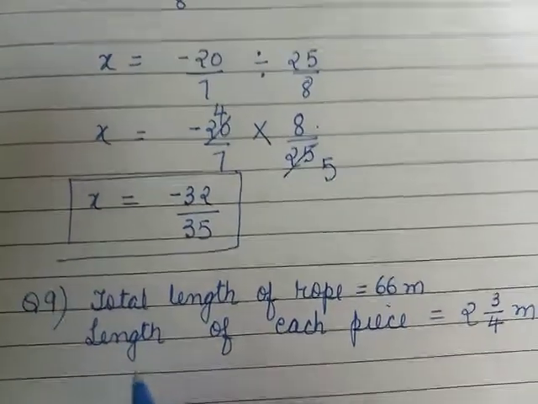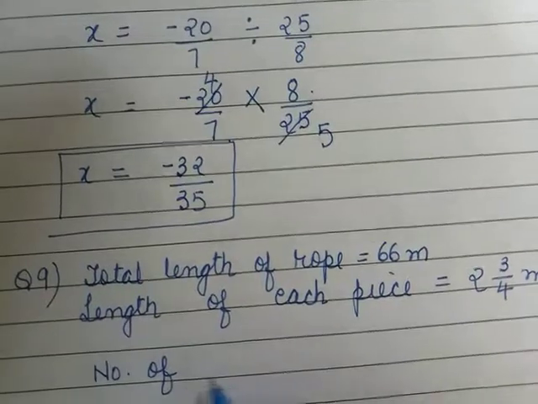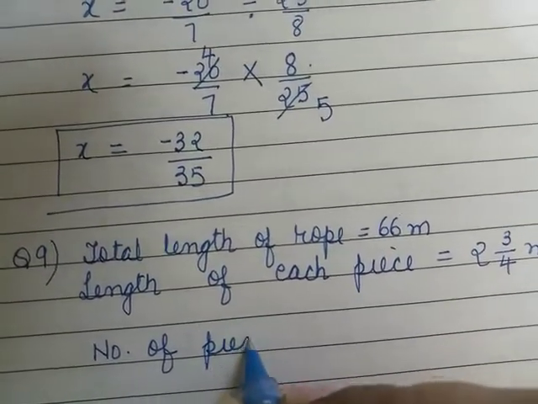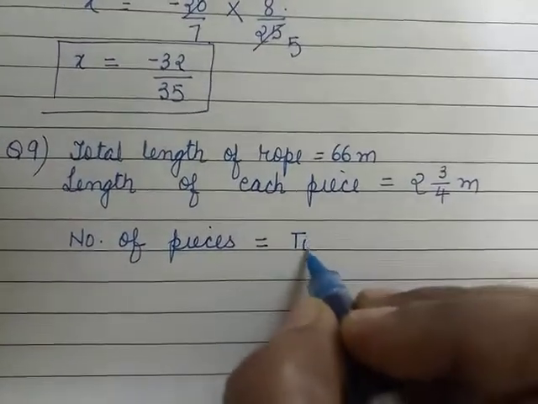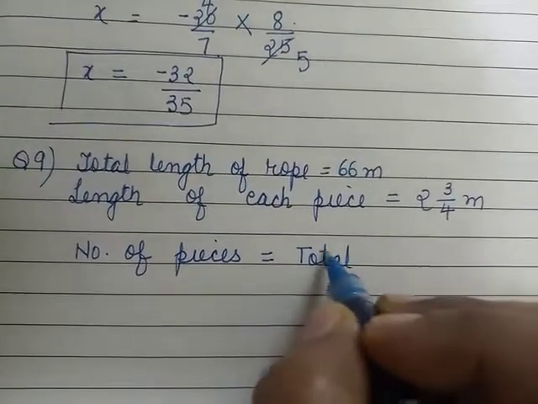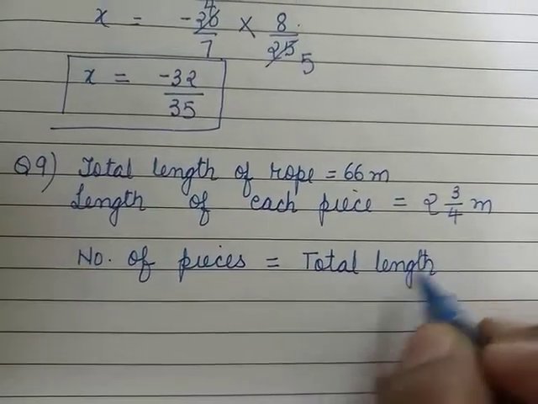Now what we are looking for? Number of pieces. How do we find the number of pieces? Number of pieces is equal to total length upon length of each piece.